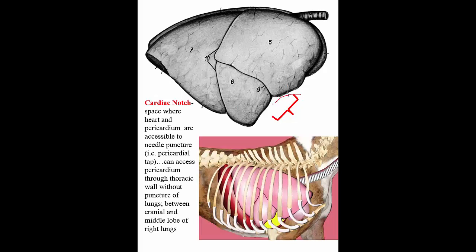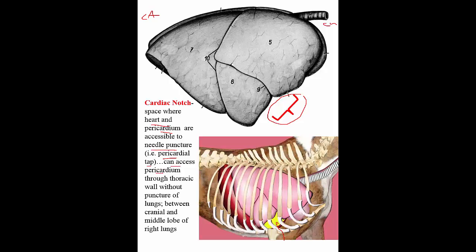Cardiac notch is a term you should be aware of. This is dog lung, so this is the right side, this is cranial, this is caudal, and the different lobes are labeled here. But that's a space where the heart and pericardium, so here you can see it's this yellow shaded area, the cardiac notch. This is a space where the heart and pericardium are accessible to needle puncture, like for a pericardial tap.